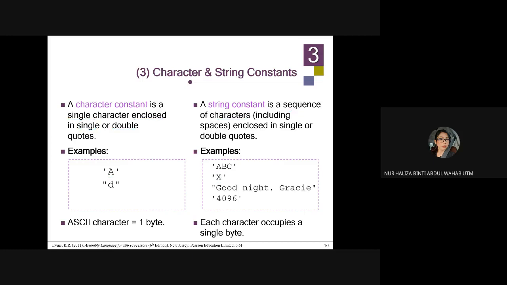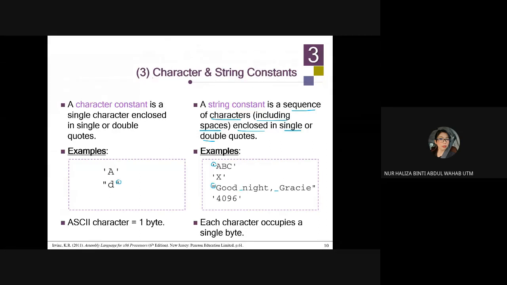You can see it's a sequence of characters including space. There is a space over here, and this one also has a space, so it includes the space as a character. Whether you use single or double quotes, like this, single, and this is double.